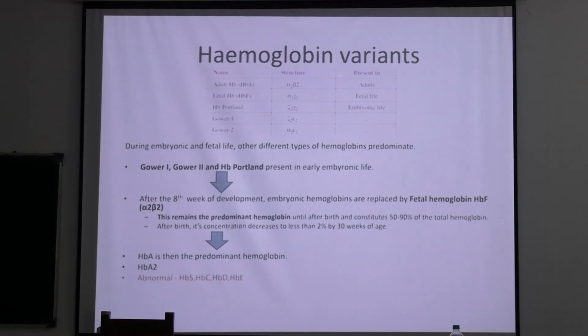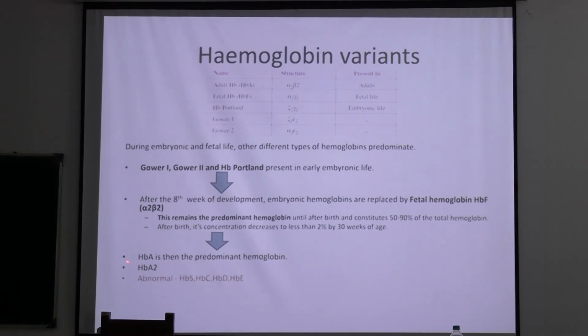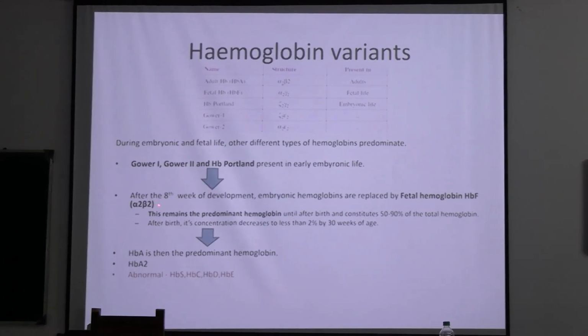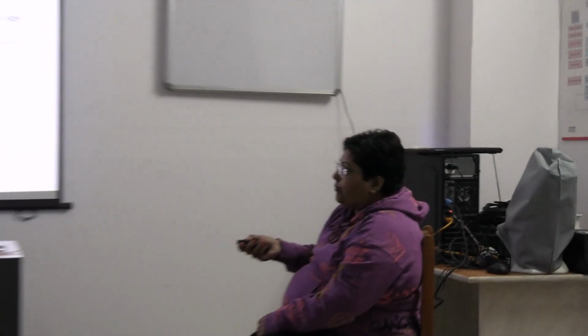So, the main hemoglobin in a healthy mature adult is HbA predominantly and some amount of HbA2. Fetal hemoglobin decreases to less than 2% by 30 weeks, and in adult it is almost negligible. The main hemoglobin is HbA and some amount of hemoglobin A2, less than 4%.